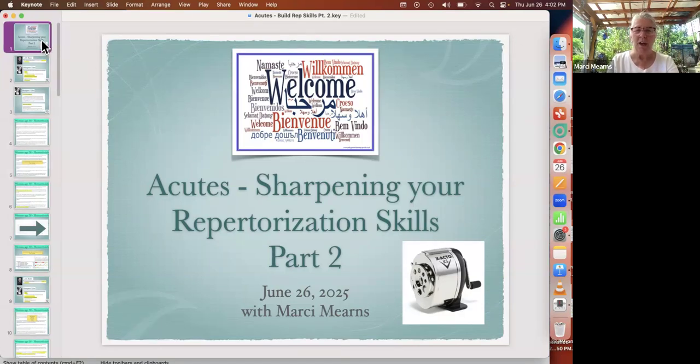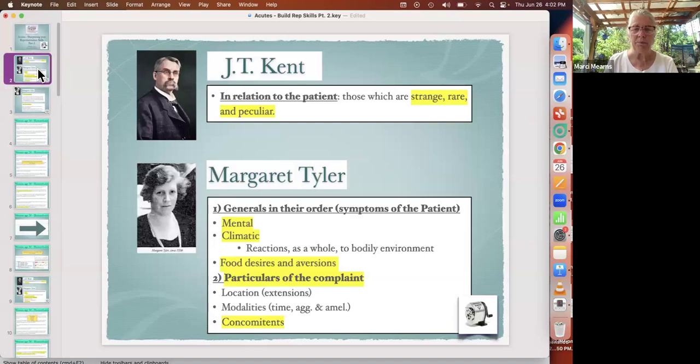All right. So by way of review, we're simply going to look at the principles and concepts that we are using to get to our analysis of these acute cases. And these are in order of importance according to these authors.